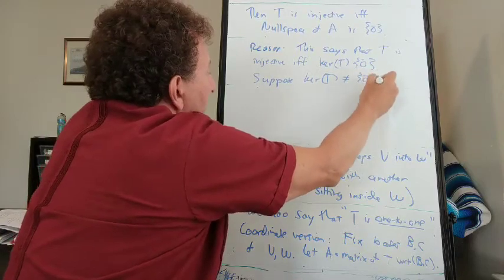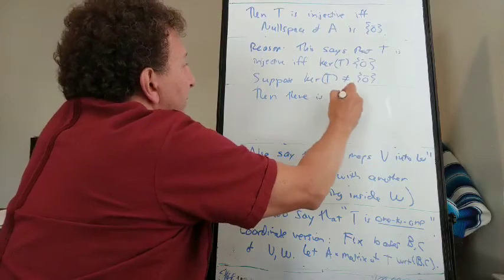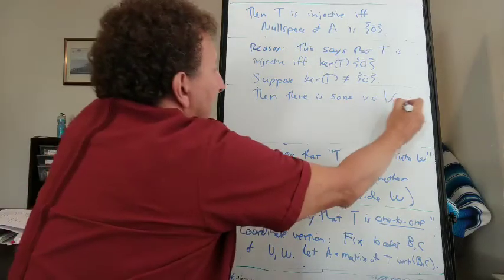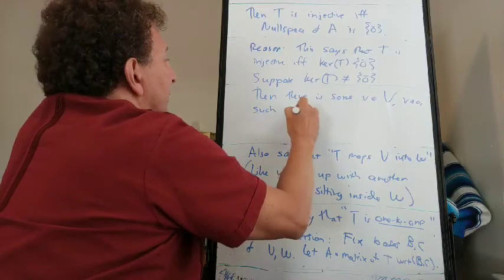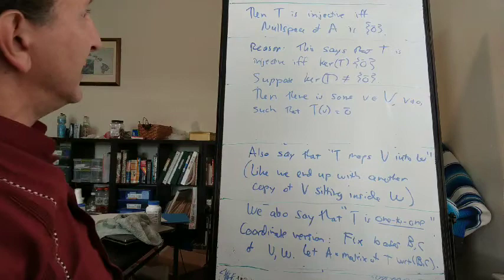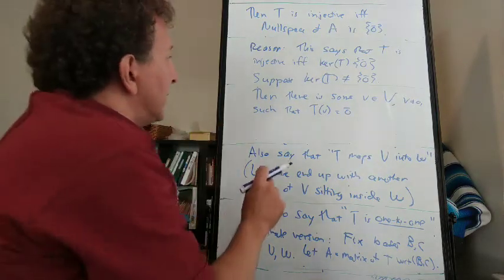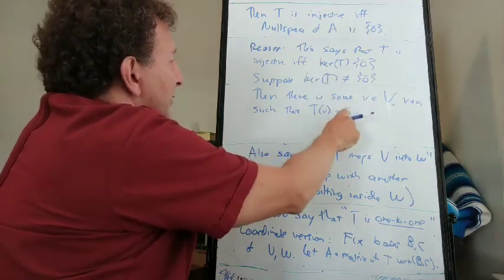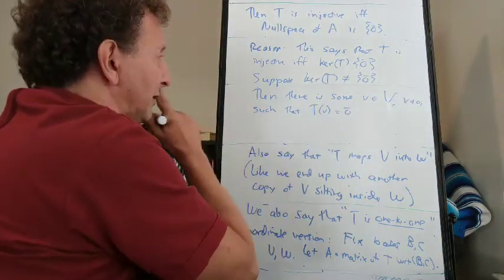So it's not the zero space. Then there is some element v in the vector space V not equal to 0, such that T of v equals the zero element of W. So the kernel is all the things that get mapped to 0. So we've got something besides 0 in the kernel. We've got this element v in the kernel that gets mapped to 0.